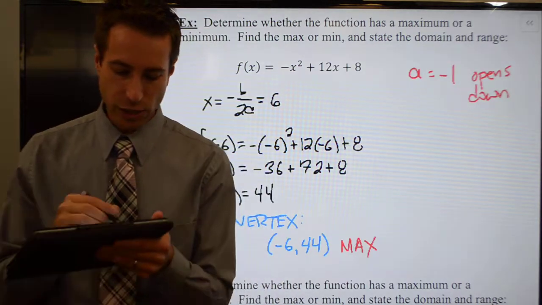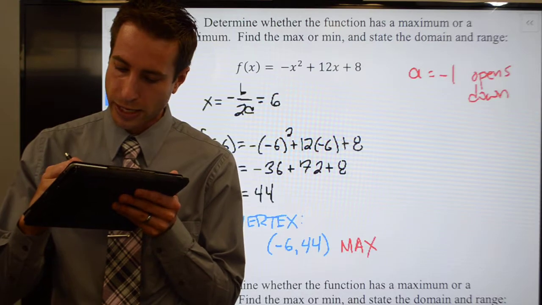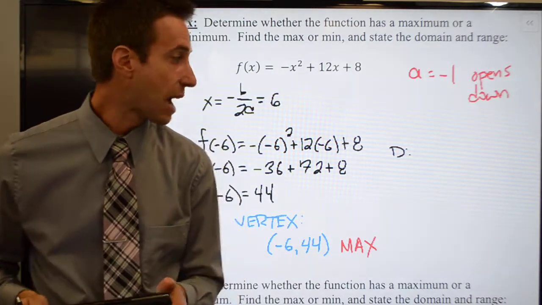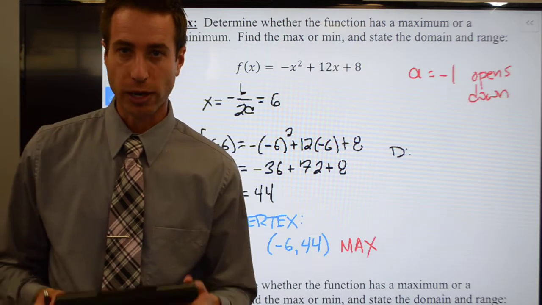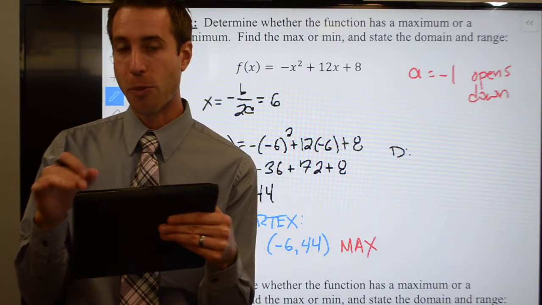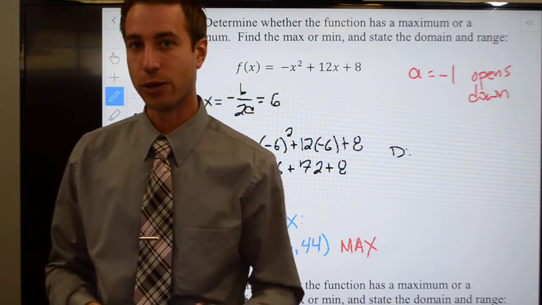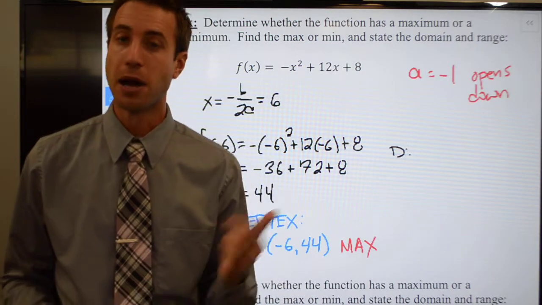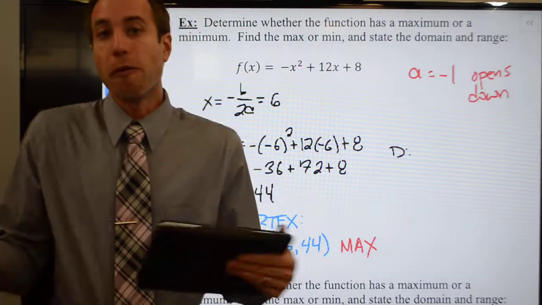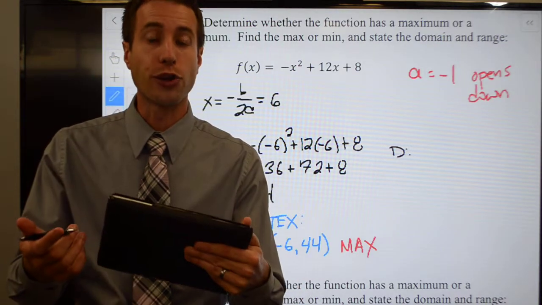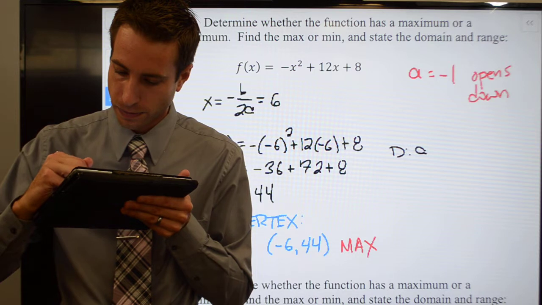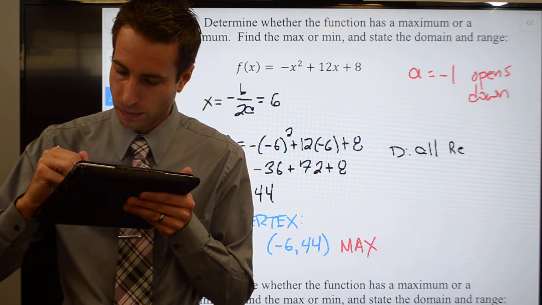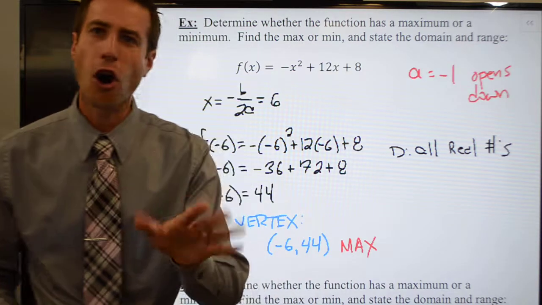And the last thing they ask you to do is to find the domain and range. Well, we can do that. Now, for a quadratic function, remember the way that these work. You need to, for the domain, find all of the x values that are defined by the function. Well, for a parabola, a quadratic, it'll be all real numbers. There aren't any restrictions.